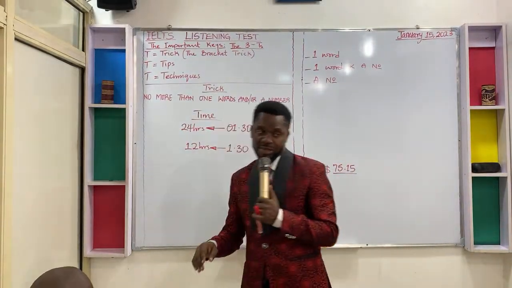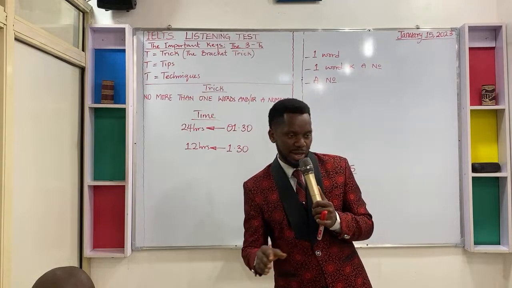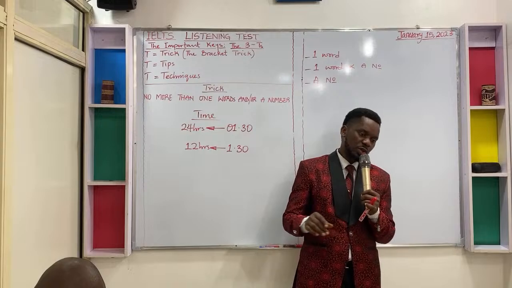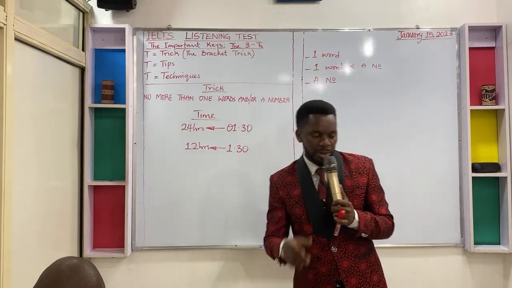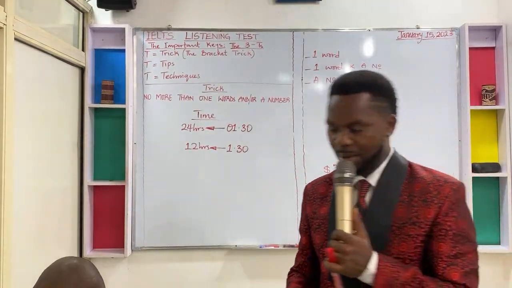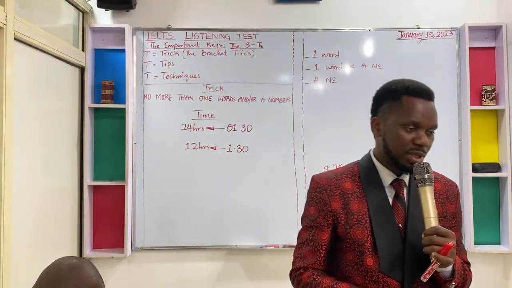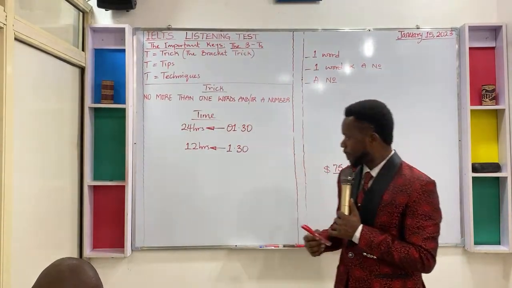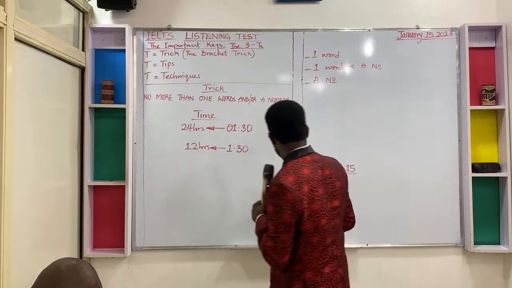It is only when it's not written anywhere to indicate the time of the day, or showing you AM or PM, but the audio now says it, that's when you can choose to write the AM or PM. Then please remember to put them in bracket.